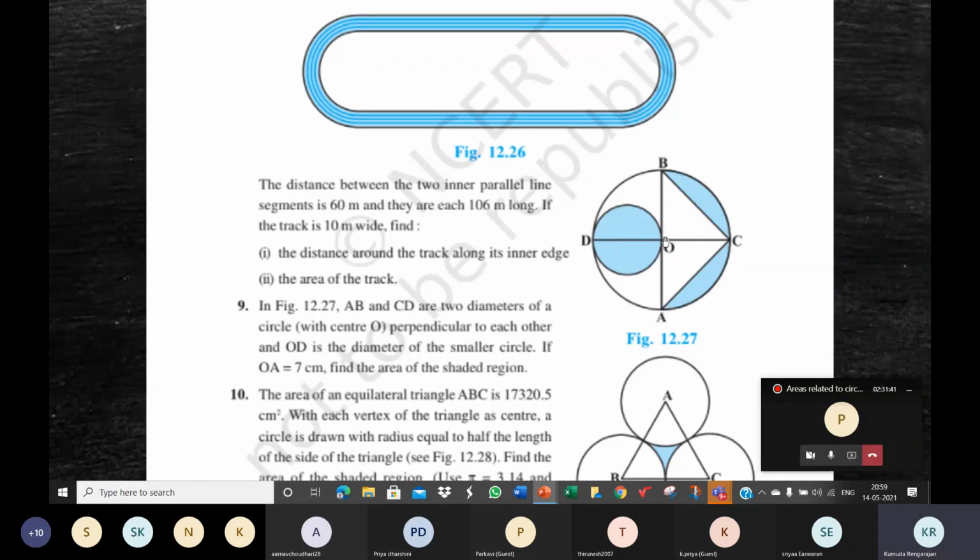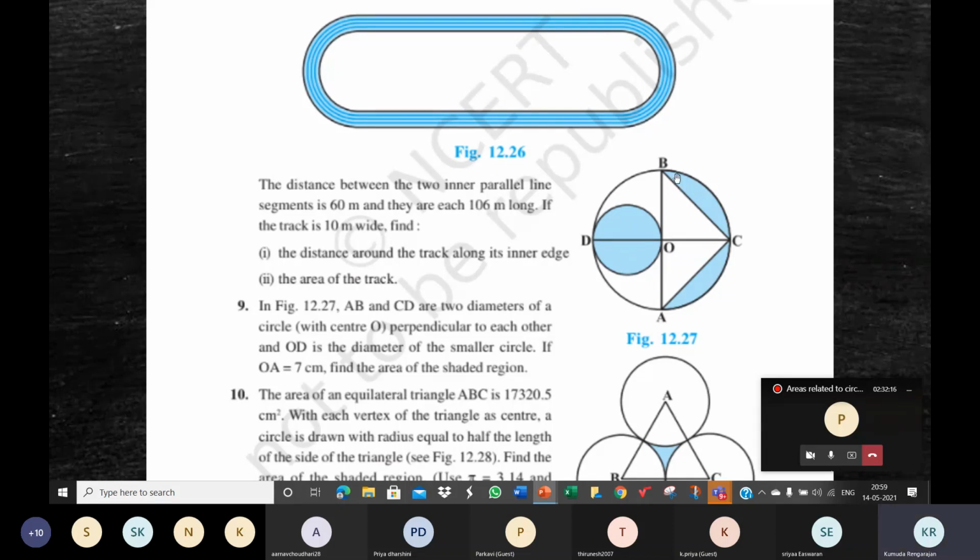So OD is a diameter, and the radius of the circle is 7/2. From here to here is 7, so this one is also 7. Diameter is 7, radius is 7/2. So that's where we have to be careful in taking the values. For the big circle, the radius is 7, and for the small circle, the diameter is 7, radius is 7/2.